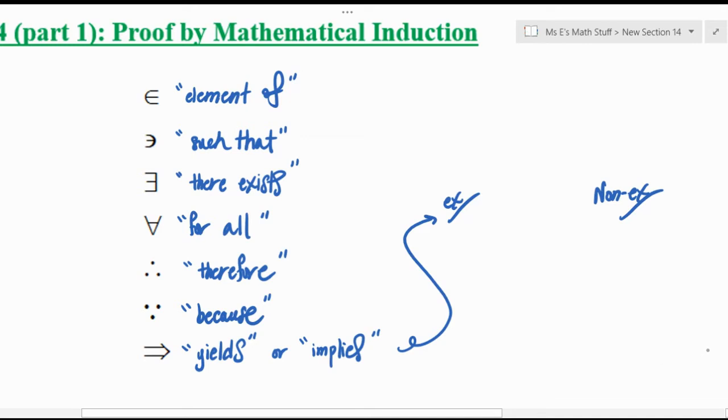Can I think of an appropriate use for the yield symbol? Let's see, you're doing a geometry problem, and we'll keep it really simple. So let's say you're finding the area of a rectangle.